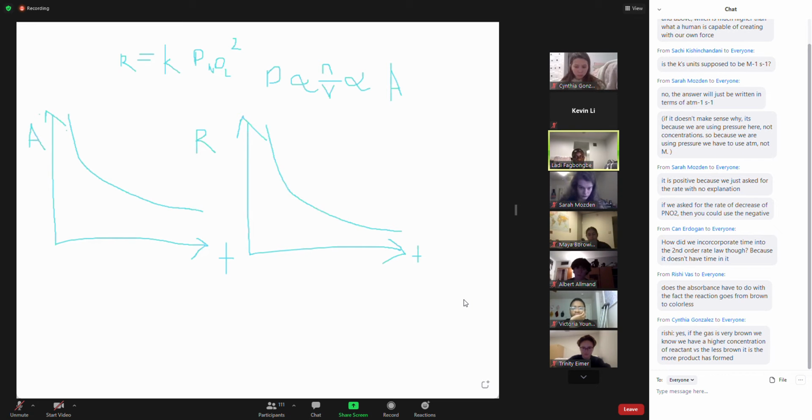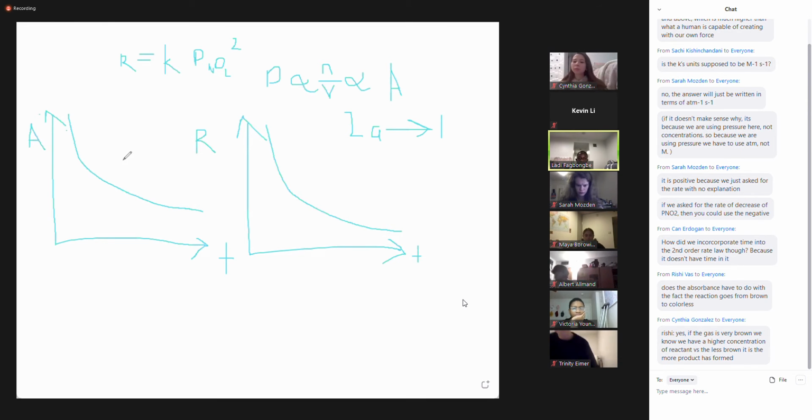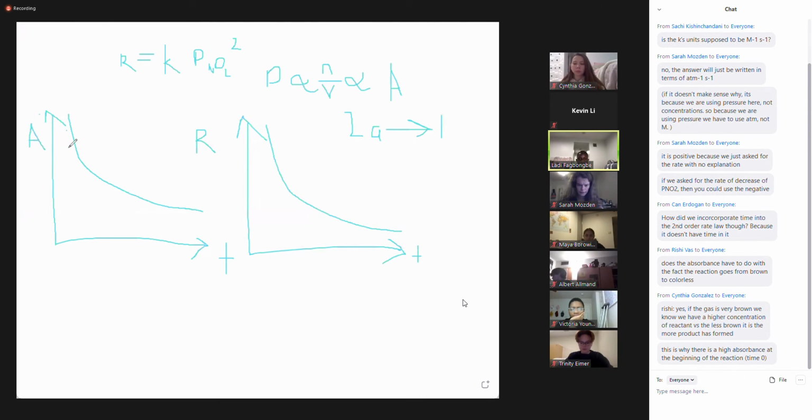Another way to look at it is if you remember our reaction, it's 2 atmospheres going to 1. We're using up all of our reactant as we go, and because we're using up our reactant, it's going to be harder and harder for this reaction to move as quickly because we have less of our starting material. So our absorbance and our rate graphs both end up looking similar. It starts high and then curves down over time.